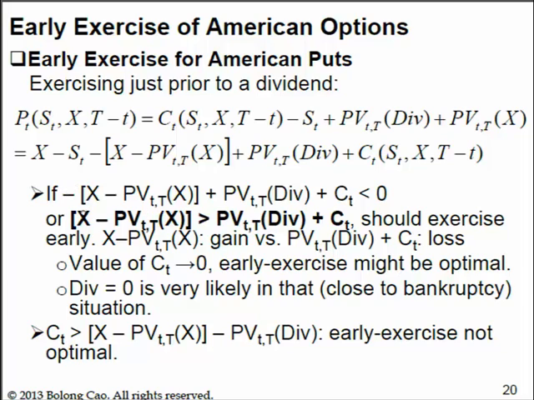What it says is basically that the negative of the time value of money for the strike plus the present value of the dividend plus the call option is less than 0. And again, we rearrange it a little bit.